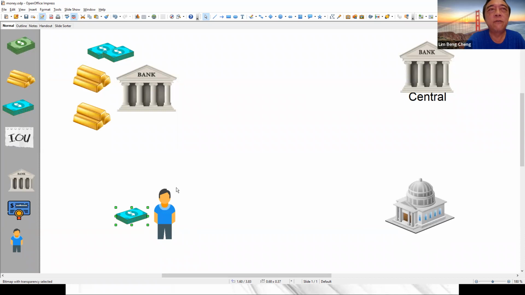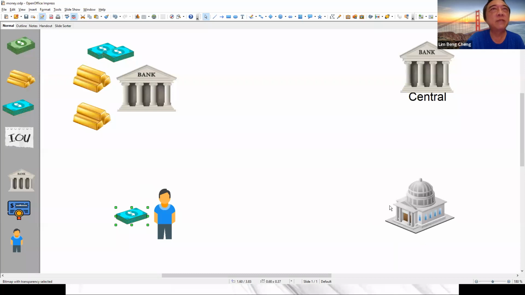So the government can say, okay, you exchange your material with us, we give you the new currency.